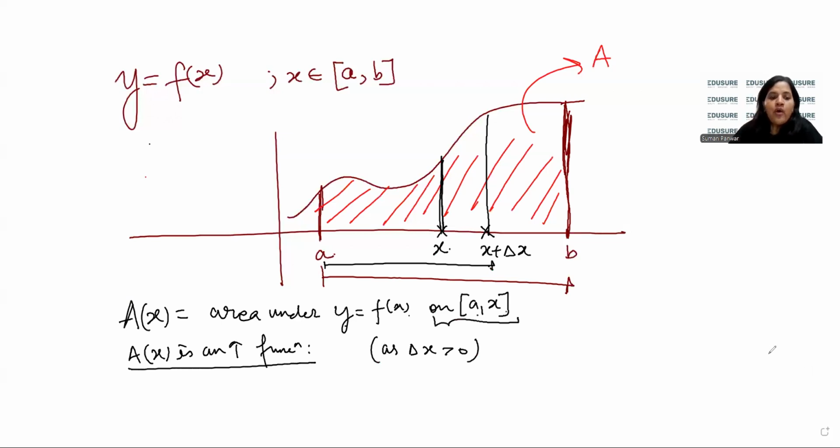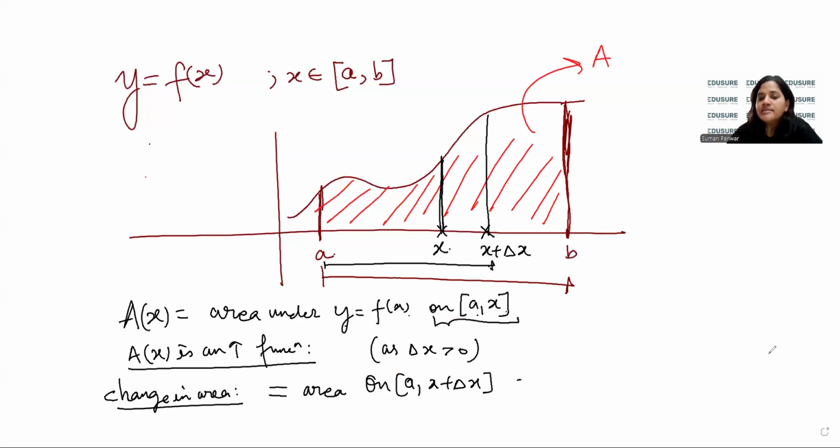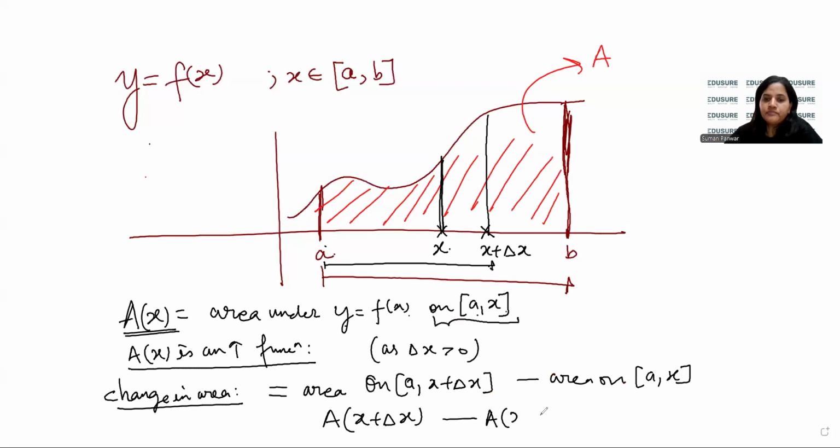Now let us see what the change in area is. The change in area is the area on [a, x + delta x] minus the area on [a, x]. The area on the interval from a to x plus delta x is A(x + delta x) by the definition of A(x), and this is nothing but A(x).